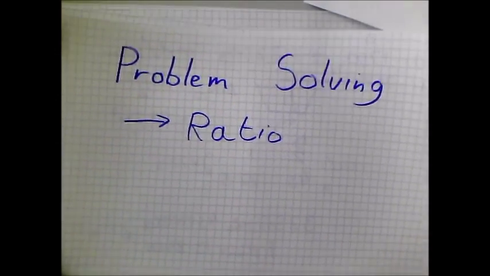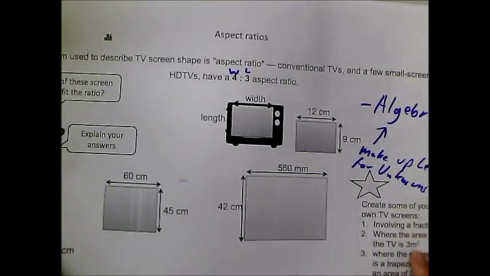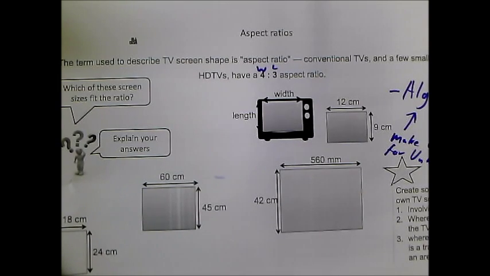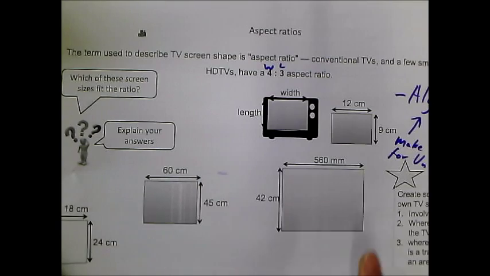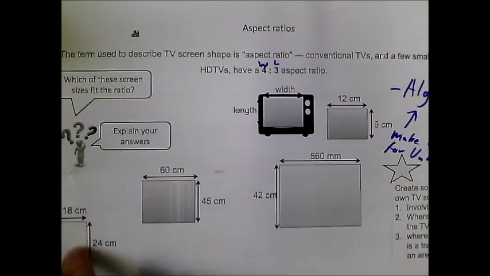Okay, we're going to have a look at our first problem, which some of you might have seen in class, and it was to do with aspect ratios with TVs. Some of you might remember that we had TVs of varying sizes, and we found out whether these were in the correct aspect ratio or not.